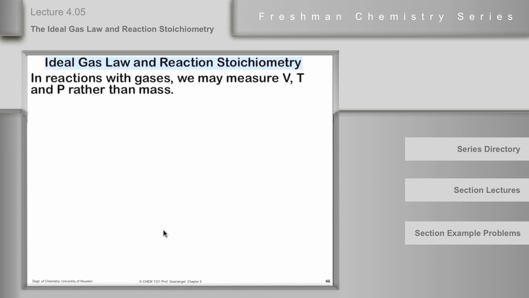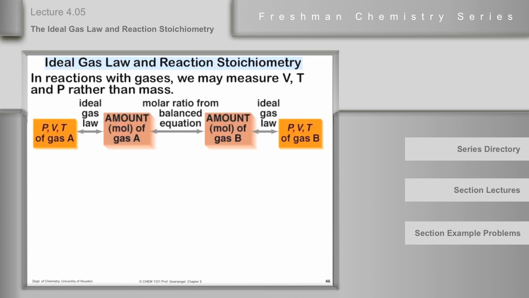Okay. Now, if the reactant or the product is a gas, we can measure its number of moles using the ideal gas law, assuming that we have the volume, the temperature, and the pressure, rather than, of course, the mass.